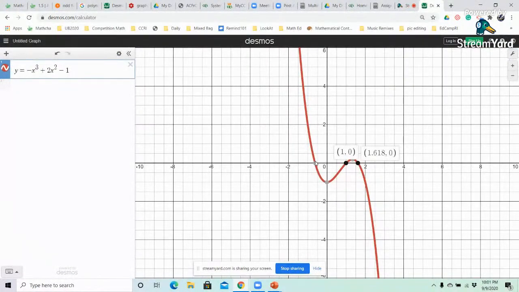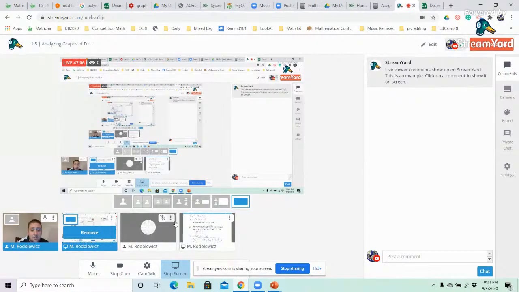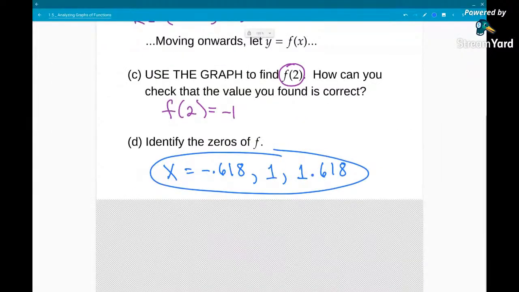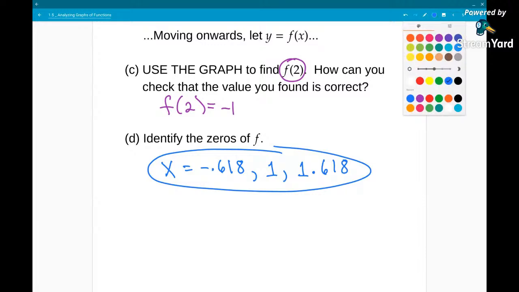On the graph, if you click the x-intercepts on Desmos, notice all of these x values output 0. That's what the definition is. But also notice they are the x-intercepts. So that's an important takeaway or an important connection to make. So we're going to note that.